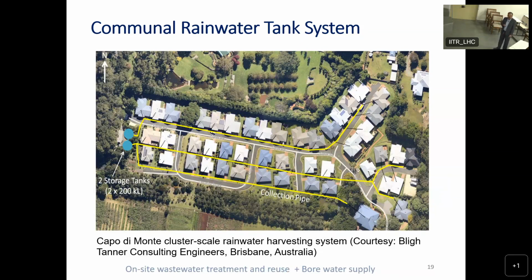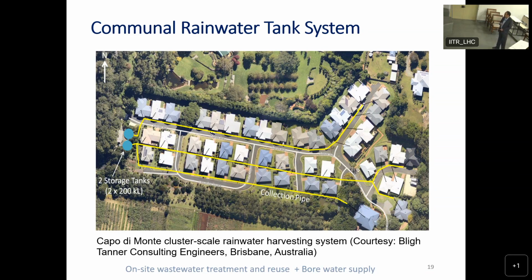It has a very good slope of 2-3 meters, so the depth of this pipe is only 1.5-2 meters here. And that's why you can see those tanks are partially above ground and in ground, underground.